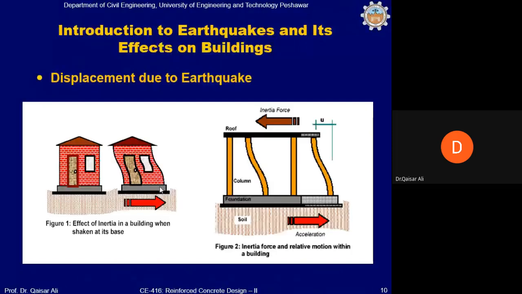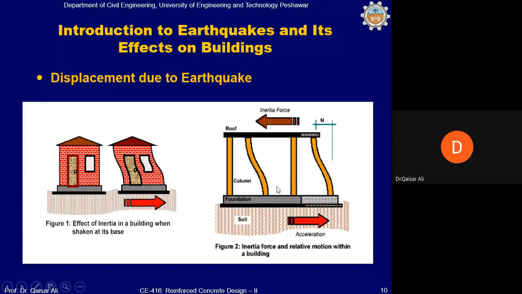You can see that the foundation moves by this amount, this much displacement, and the roof of the building is here. This causes the relative displacement, and you can now see the shape of the building, where you can see a bending in the wall. This bending in the wall is basically the stresses; it induces stresses in the walls.